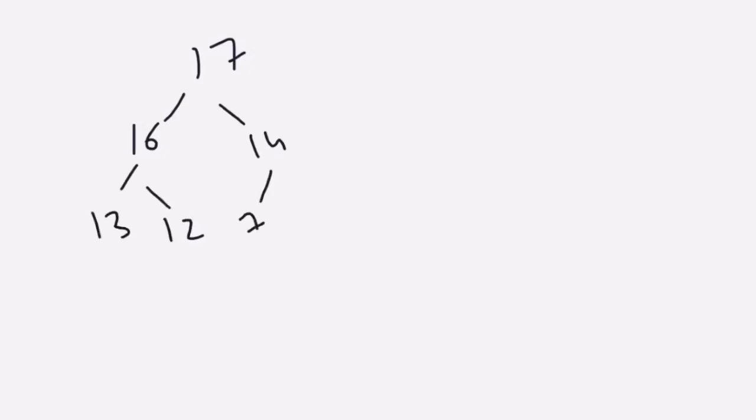Also, one more thing I wanted to tell you is that heaps are mostly stored in the form of arrays. Suppose you have a heap here, it can be stored and accessed through an array, something like this.